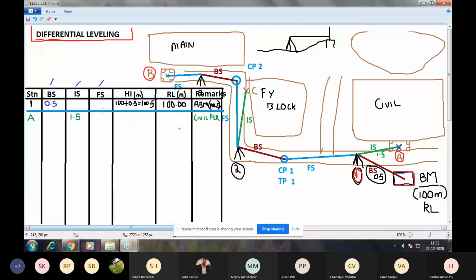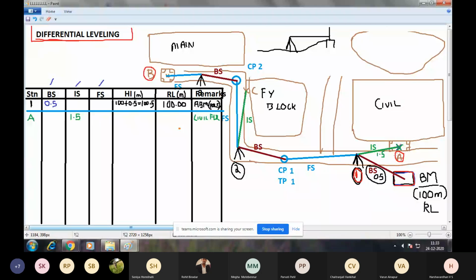I'll take a staff reading on point A. I do not know the elevation of point A. Intermediate sight and foresight are staff readings taken on a point whose elevation is unknown. So this reading on point A will either be intermediate sight or foresight.